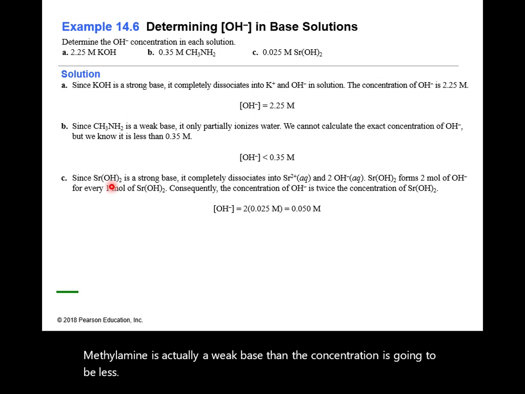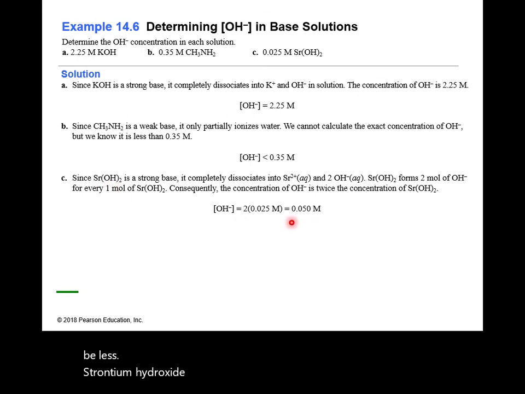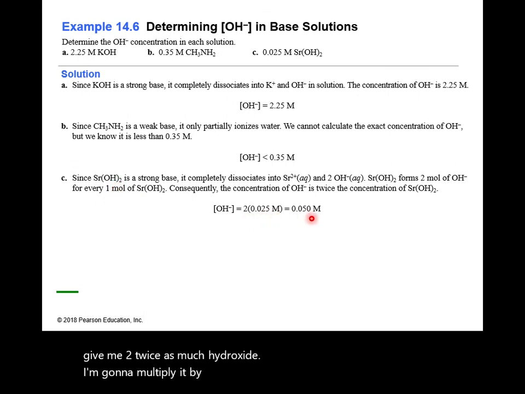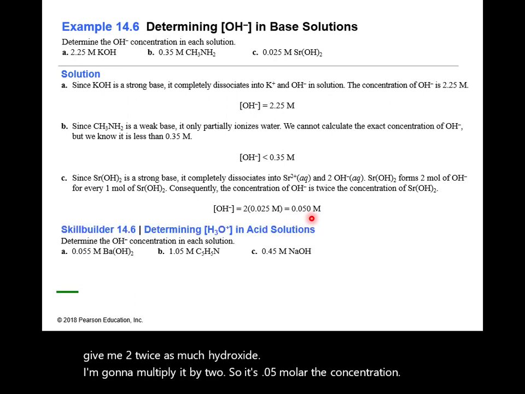Strontium hydroxide is a strong base, and because strontium is going to give me twice as much hydroxide, I'm going to multiply it by 2. So it's 0.05 molar, the concentration.